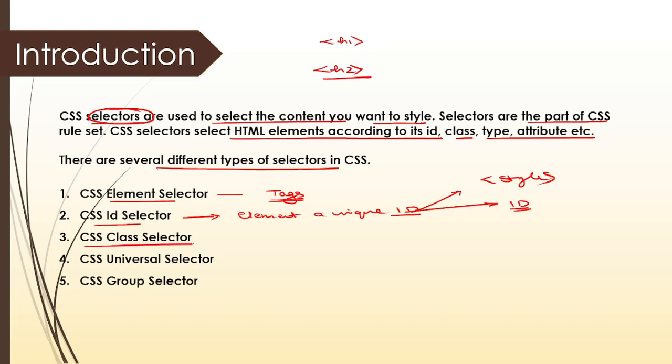Next is the CSS class selector. In the case of a class selector, we always give every element a unique class name, and under the style tag, we always write the name of that particular class.